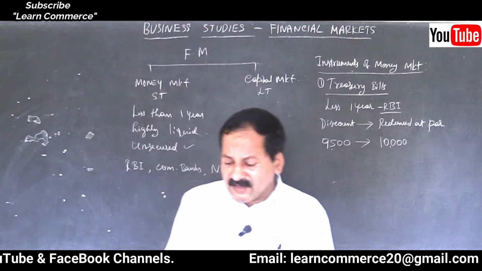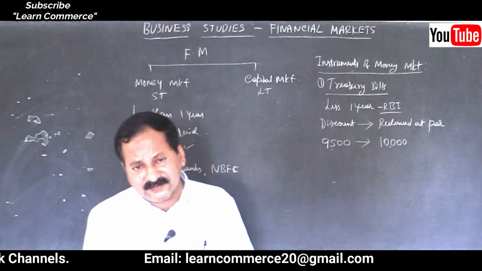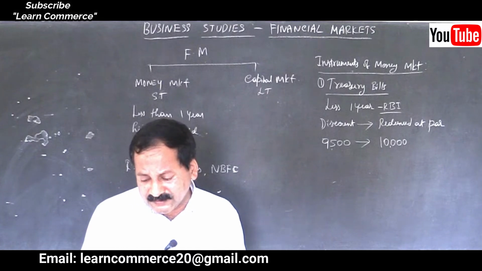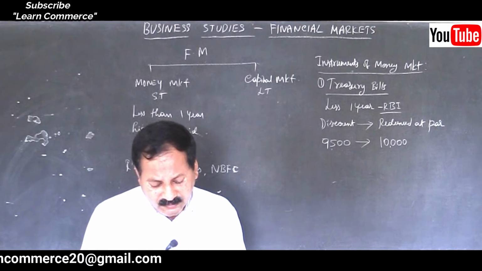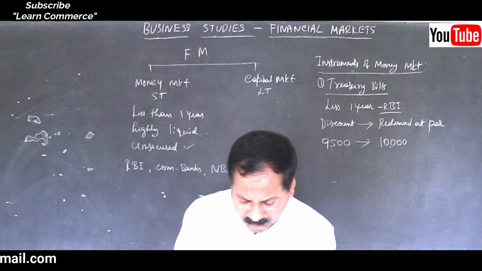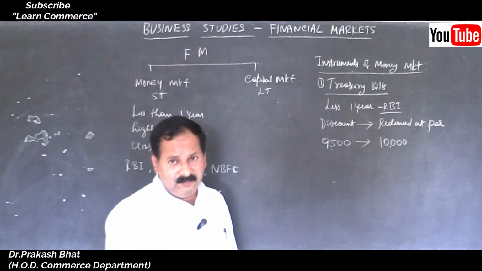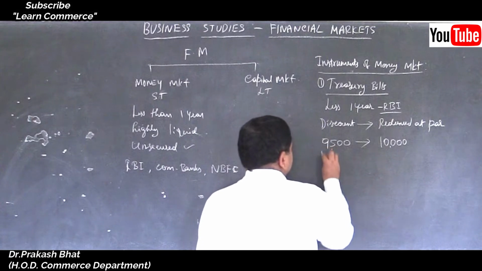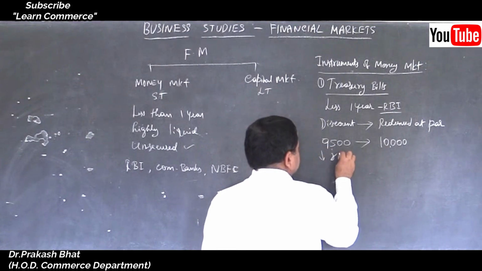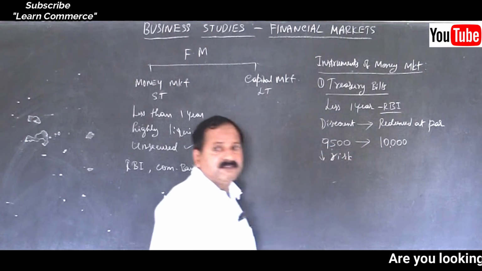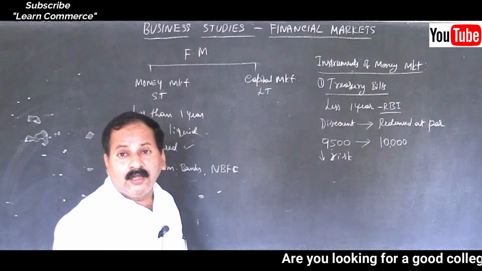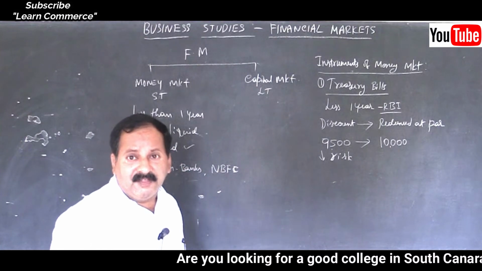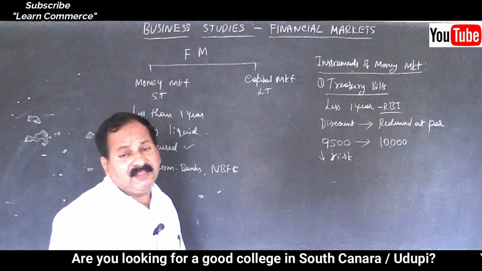And treasury bills are like zero coupon. We call them zero coupon bonds, isn't it? And the people who purchase will not be at high risk. So the risk is low, because the term is shorter, right? The longer the term, the higher the risk. After 20 years, we cannot say what will happen.